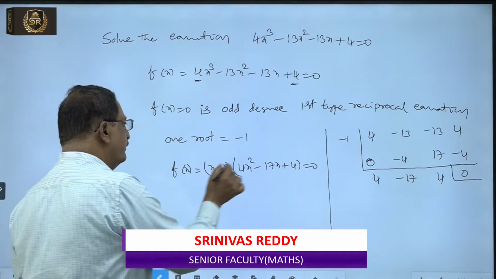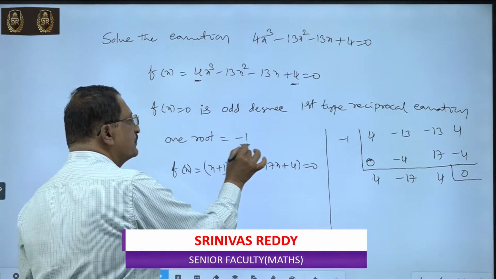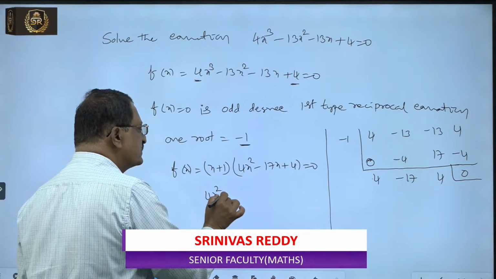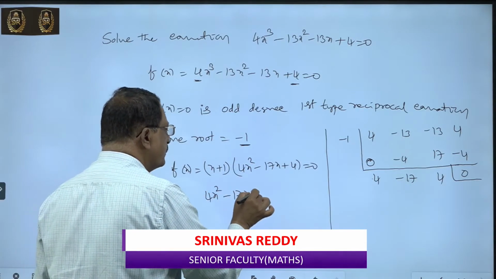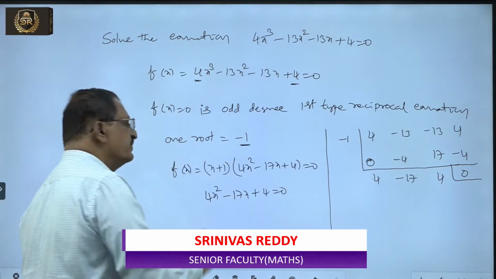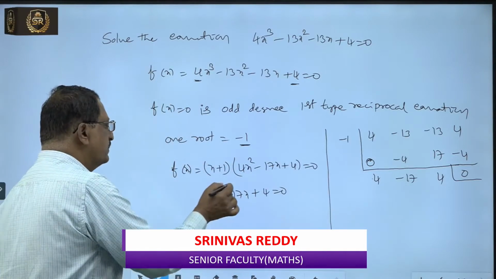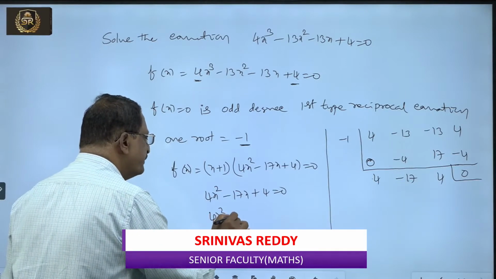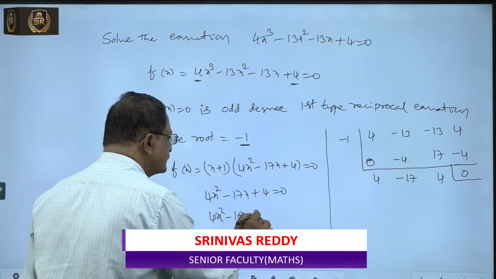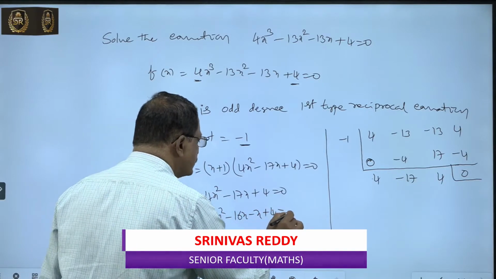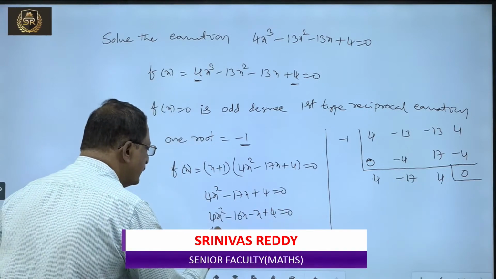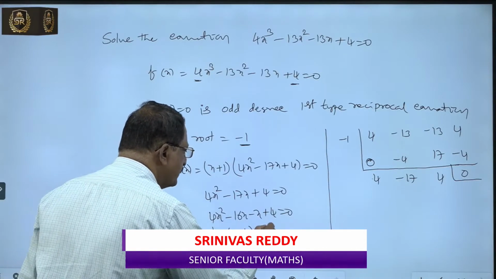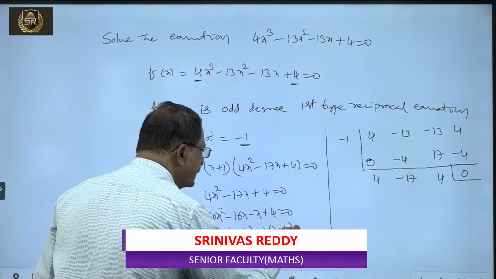Now, one root is minus 1, and the other two roots are roots of the quadratic equation 4x square minus 17x plus 4 equals 0. By factorization we get the other two roots: 4x square minus 16x minus x plus 4 equals 0. Now, take 4x common, x minus 4, minus 1 common, x minus 4 equals 0.